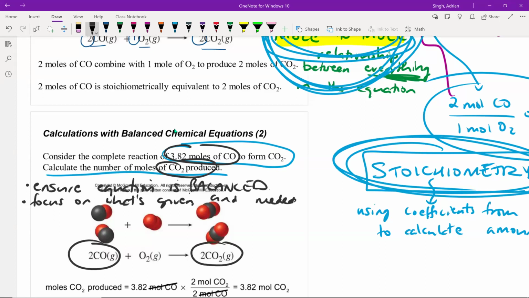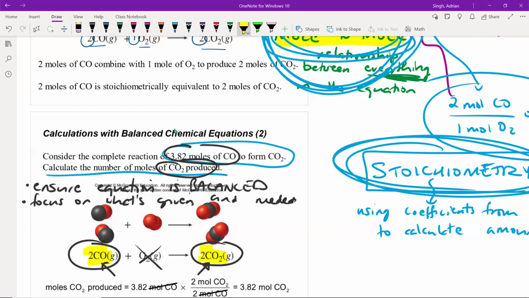These are the two things that I'm trying to relate to each other. I am not concerned about the oxygen now. For what I'm trying to solve, this is irrelevant because my equation is balanced, right? And I'm just going to focus on the relationship between what I'm given, the CO, and what I want, the CO2.